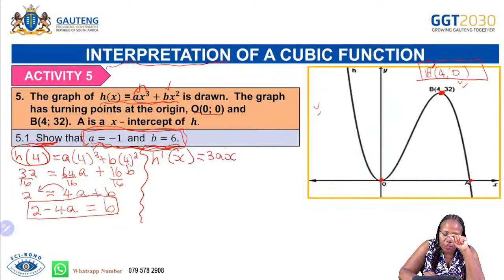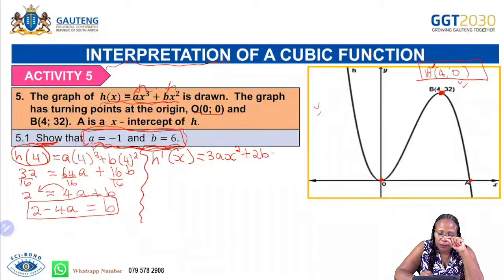Same method, ax, subtract 1 from the exponent, to the power 2. 2 times b, plus 2b, x, subtract 1, it will be to the power 1. But because this is a stationary calculation, remember we let y equal to 0 in order to solve for x. Do you still remember?